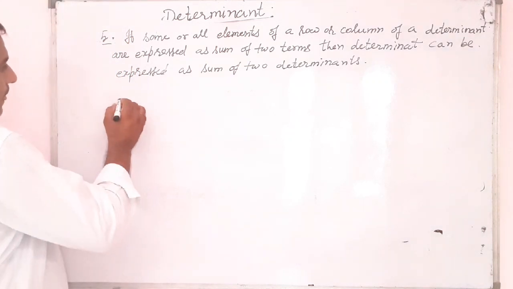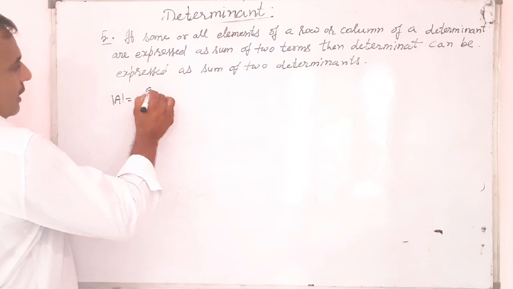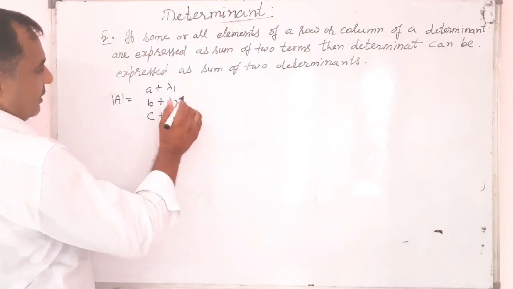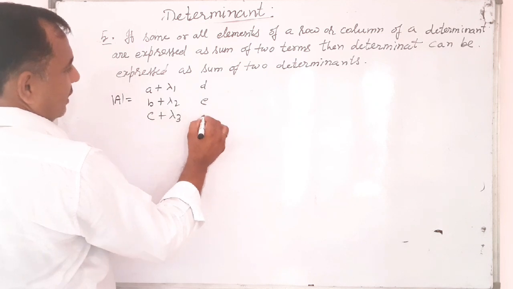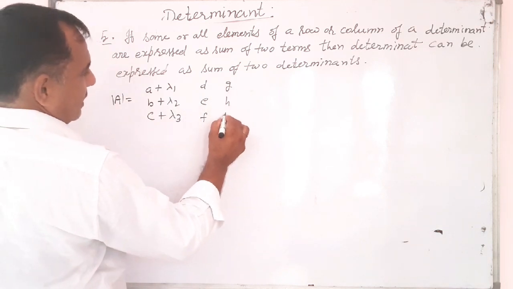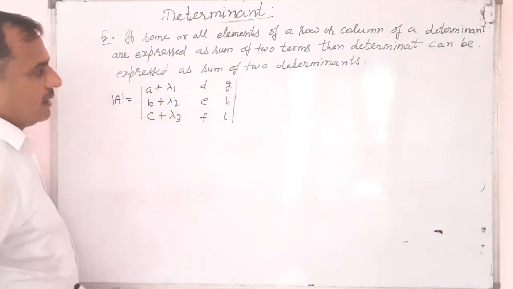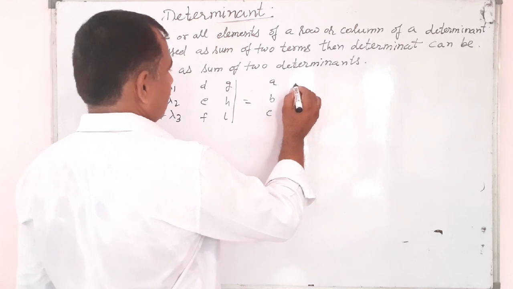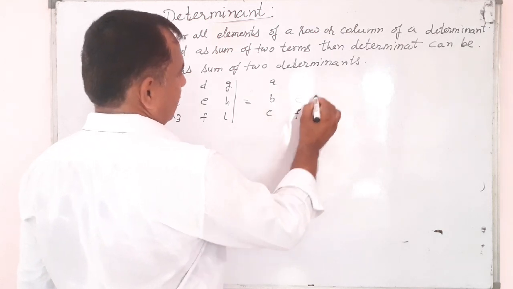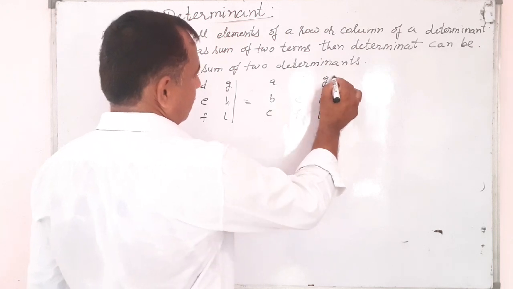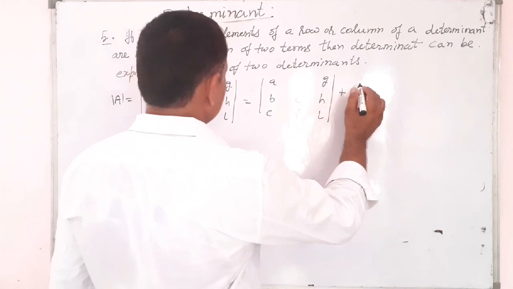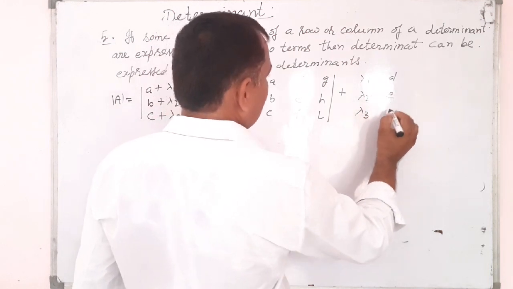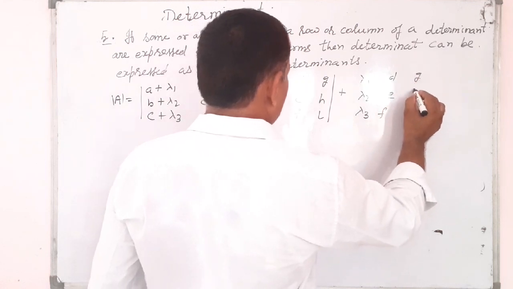For example, determinant A is A plus lambda 1, B plus lambda 2, C plus lambda 3, D, E, F, G, H, L. This determinant can be written as A, B, C, D, E, F, G, H, L plus lambda 1, lambda 2, lambda 3, D, E, F, G, H, L.